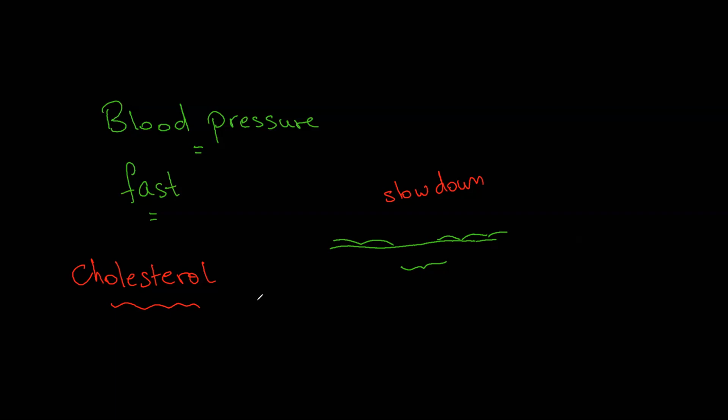If the amount of cholesterol increased in blood, so when the blood slows down, this cholesterol is going to accumulate or build up like this. Building up of cholesterol on the damaged part of the endothelium is called the plaque. And it has another name, the atheroma.